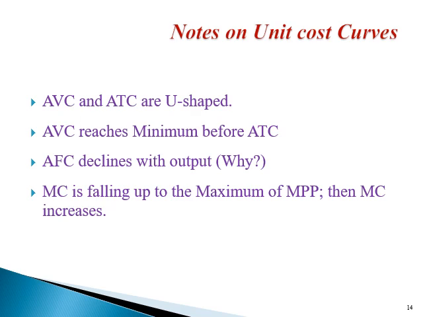Marginal cost is falling, and it will reach a minimum, and that minimum of marginal cost will happen at a level of output that is less than the level of output at which average variable cost is at a minimum, and the level of output at which average total cost is at a minimum.